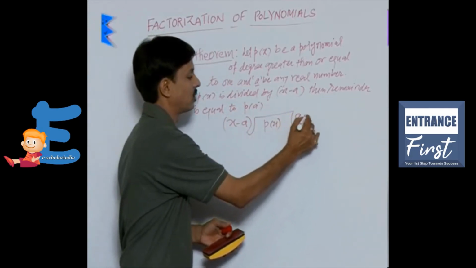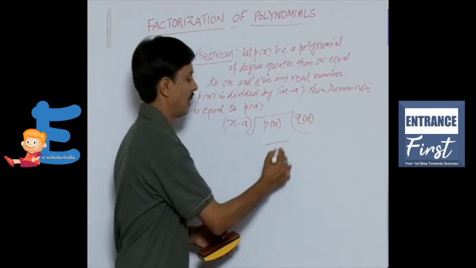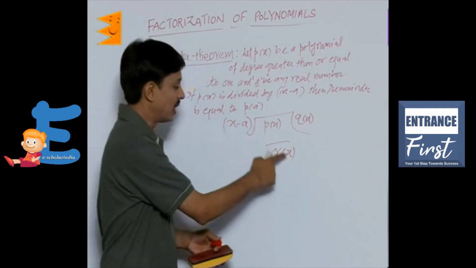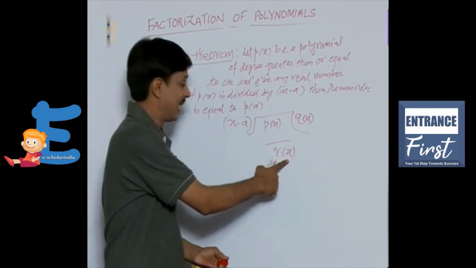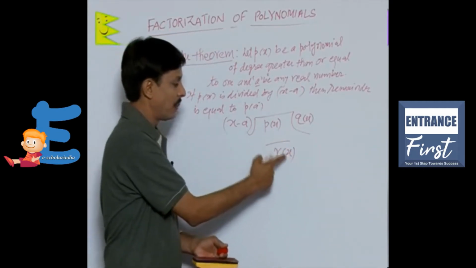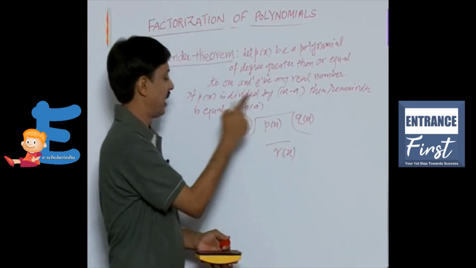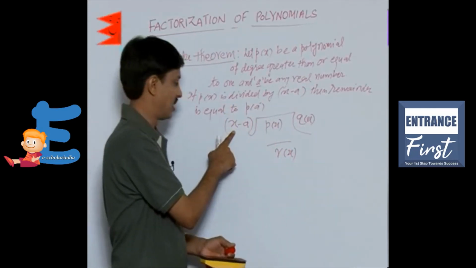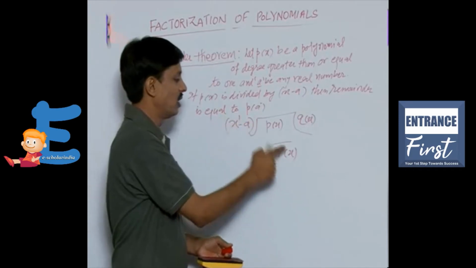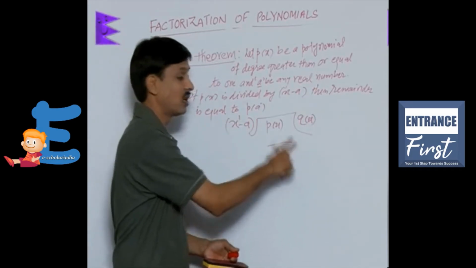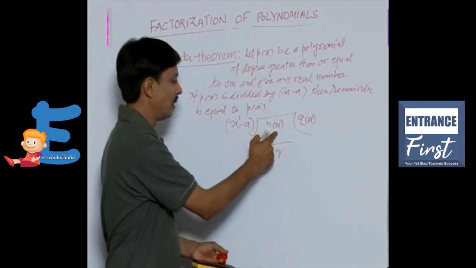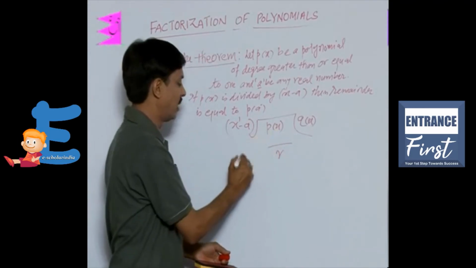Suppose the quotient is q(x), then the remainder is r(x). But here the remainder cannot be in x, because the degree of the remainder is always less than the degree of the divisor. Here the degree of the divisor is 1, so the remainder has to be only r. So this is P(x), the dividend.